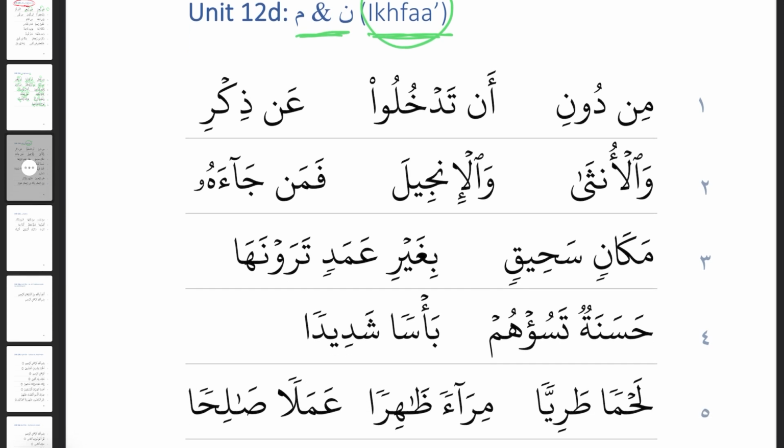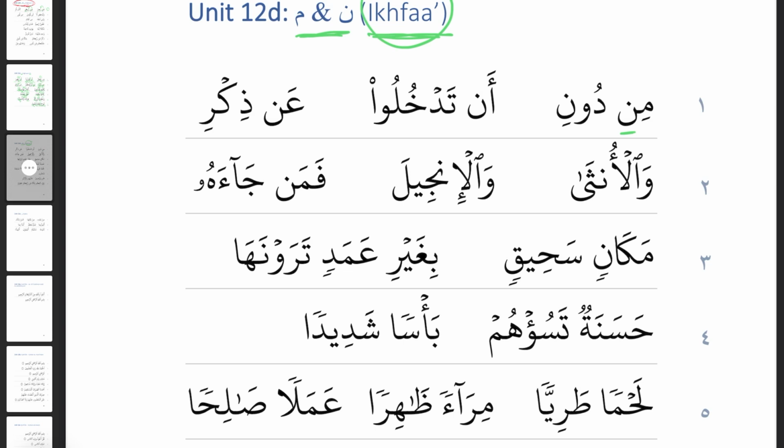We're used to now seeing a noon with nothing on because the last few lessons we've been looking at that. We had a mental checklist, let me remind you of it. If you see a noon with nothing on, and by extension sliding tanweens, then we must look at the letter that comes after it. If it is a letter with a shadda, then we know what to do.